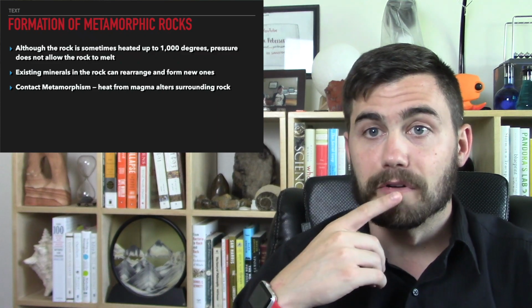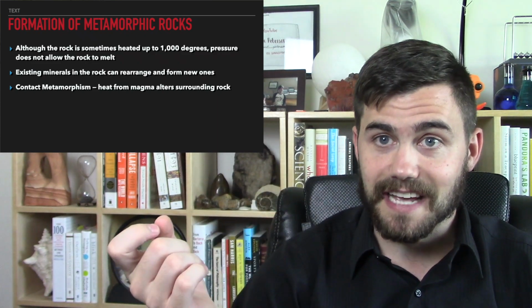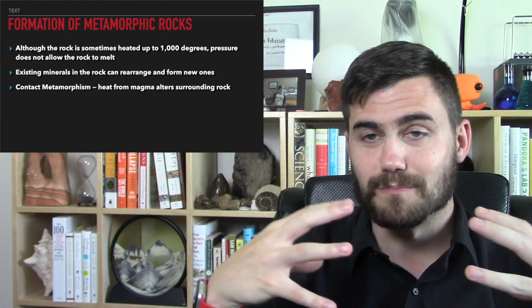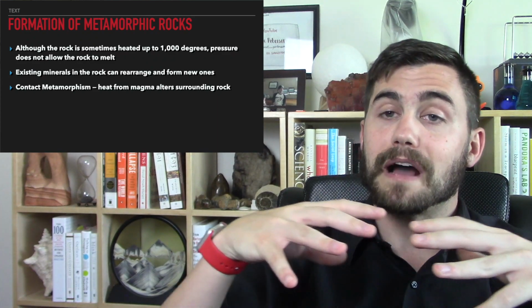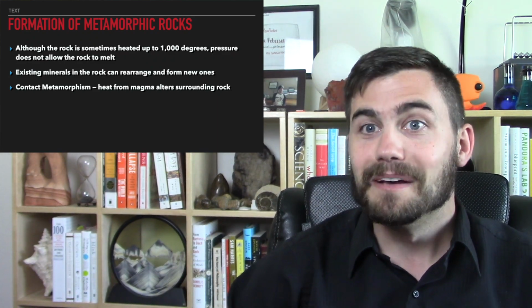So one kind of metamorphism, and this is the emphasis on heat, is contact metamorphism. So you may have a magma chamber underground, a body of molten rock. Rocks around it are going to be heated extremely by that.